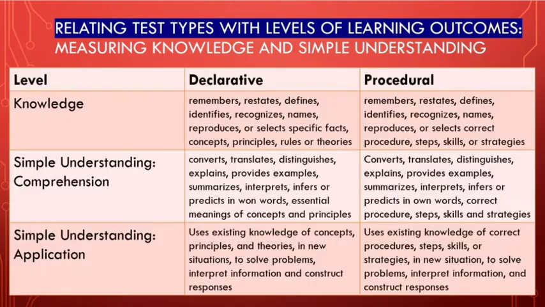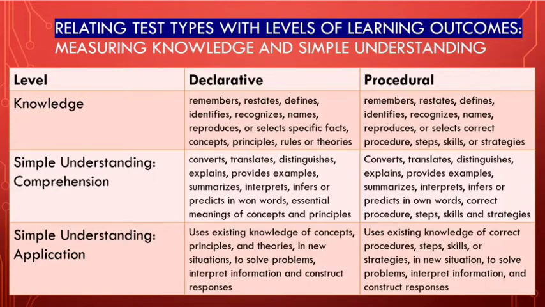Now, still on relating test types with levels of learning outcomes, we have here a way to measure the knowledge and simple understanding. Talking about the different levels of knowledge, we have declarative and procedural. For declarative, it's simply about fact recall, while for procedural, it is about applying what you have learned and, of course, manifesting some skills.